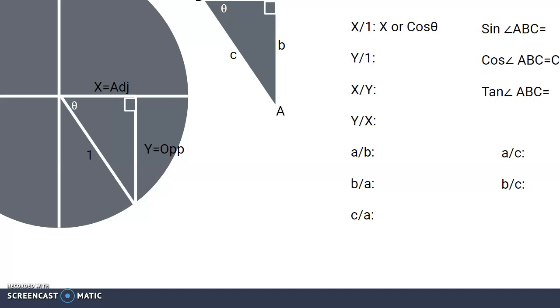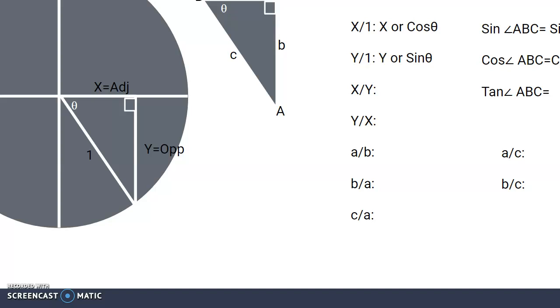So we can just say x, or your cosine theta. Now we are going to look at y over 1. Y over 1 is again the same as y, and it's opposite over 1. So y, or sine. That's also based on your ordered pair.